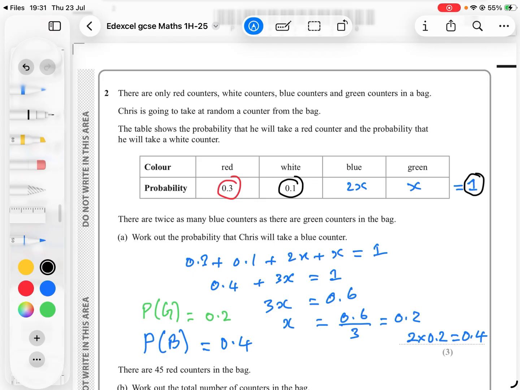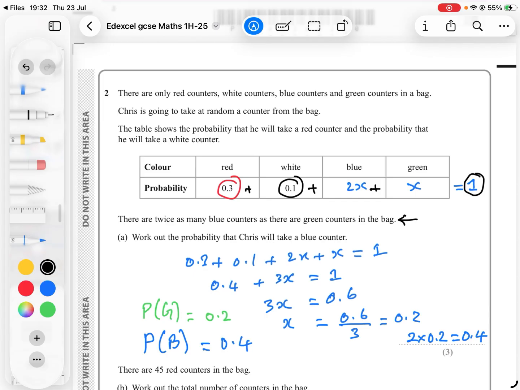First we need to add the probabilities of red, white, blue, and green, which equals 1. Let the probability of green be x. So the probability of blue is twice that, 2x, according to this statement.